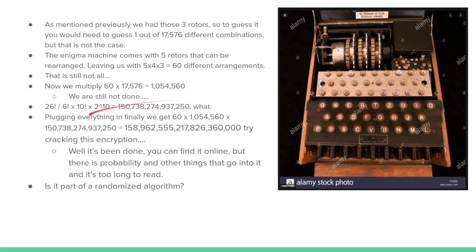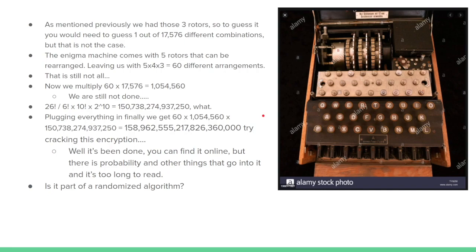So the final number comes out to this right here. 60 times 1,054,560 times the 150,738,274,937,250, which equates to 158 quintillion, 962 quadrillion, 555 trillion, 217 billion, 826,360,000 different combinations.